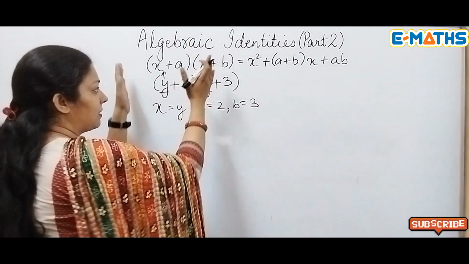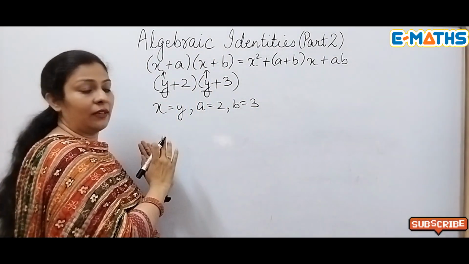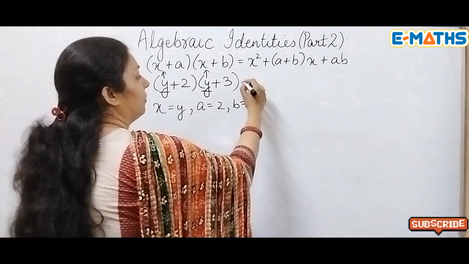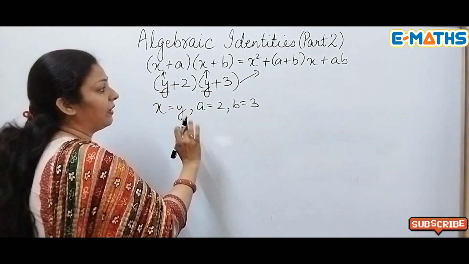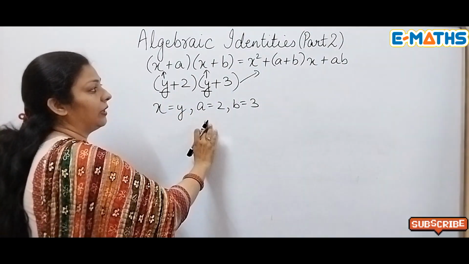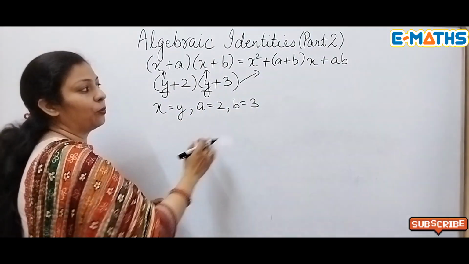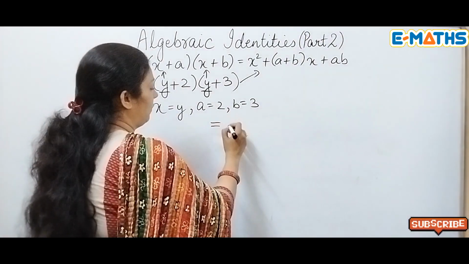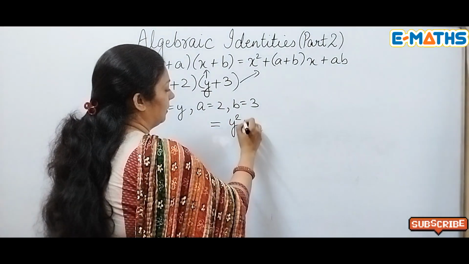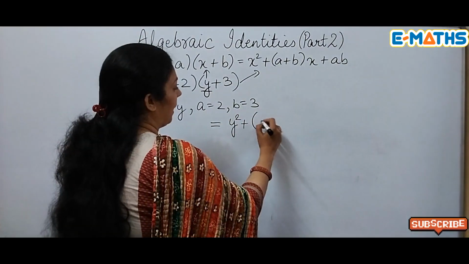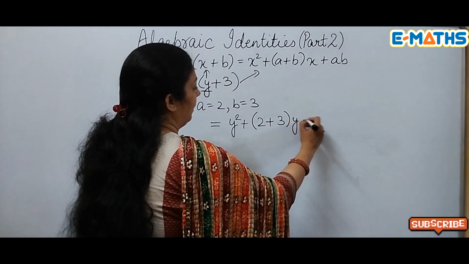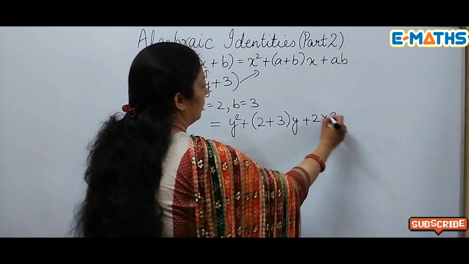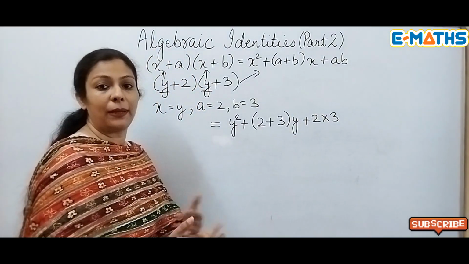When your question is based on the LHS of the identity, your answer should be in the form of the RHS. So wherever you have x, put y, wherever you have a, put 2, and wherever you have b, put 3. So you will have y square plus, open the bracket and put the values of a and b, which is 2 plus 3, y plus 2 into 3, because ab means a multiplied by b.